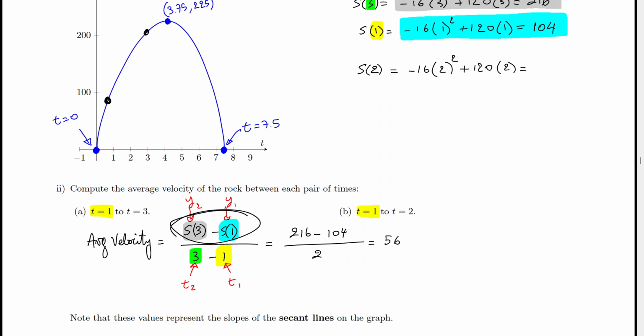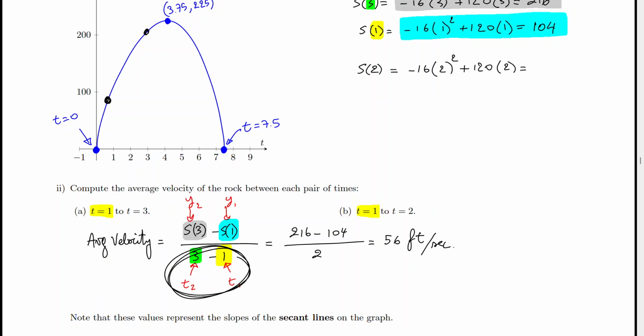Remember, the numerator represents the y, or the height, or the distance traveled, so that's going to be feet. And they're being divided by numbers that represent time, so this is going to be feet per second. So the average speed between 1 and 3 seconds for my rocket was 56 feet per second. And let's just put a box around all this.